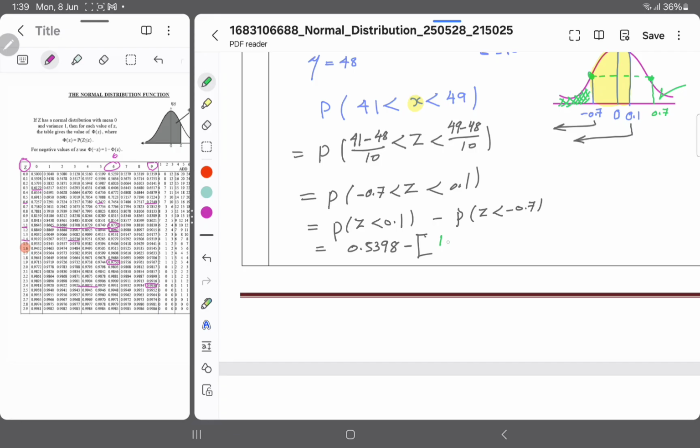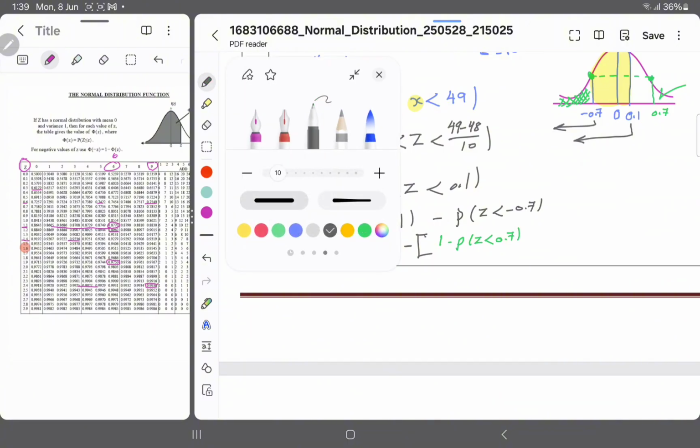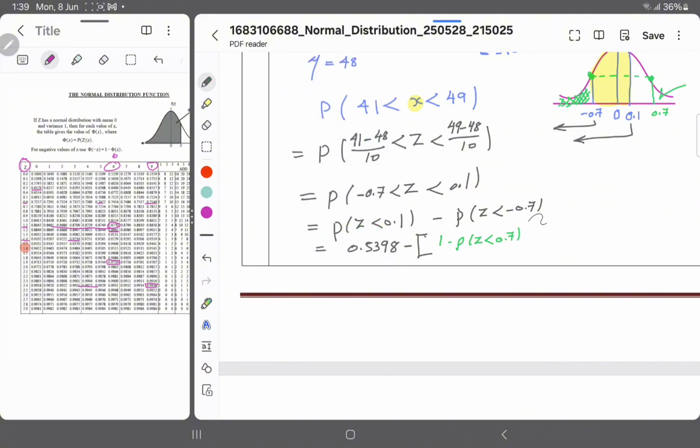So it will be 1 minus the probability of z below positive 0.7. Now, 0.5398 minus 1 minus 0.7 from the table, which equals 0.7580. Then insert all of that in your calculator to get the final answer. Then hashtag we love math.